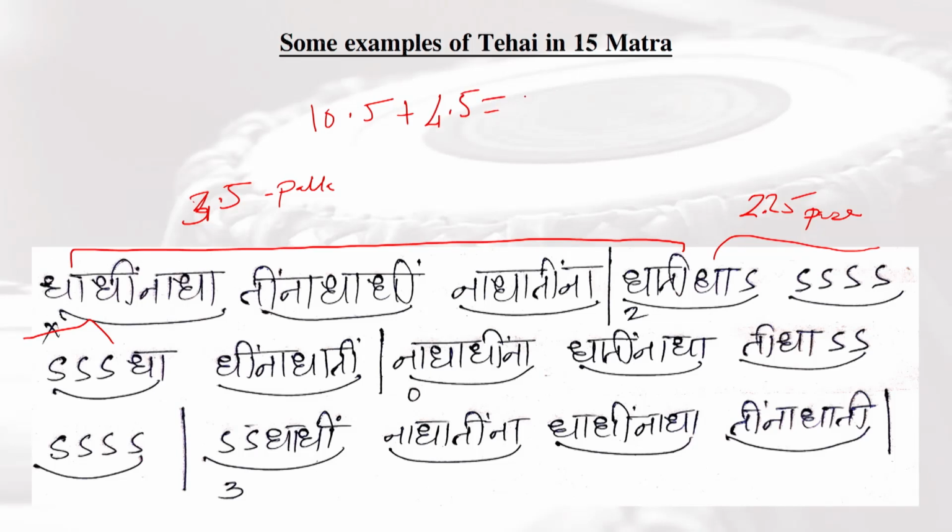So this is how we have this Tehai. I think you have understood this structure. 10.5 plus 4.5, 3.5 into 3 pallas and 4.5, that is 2.25 into 2 times the dam. So this is a Tehai with 3.5 palla and 2.25 dam.